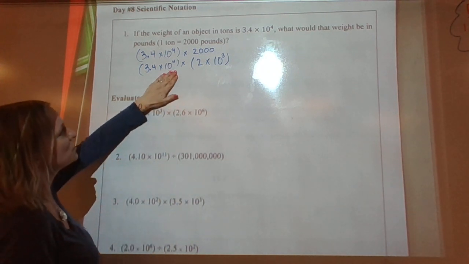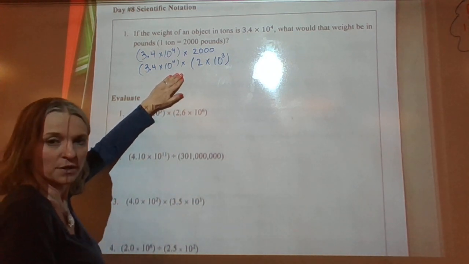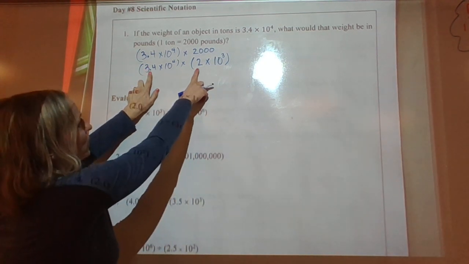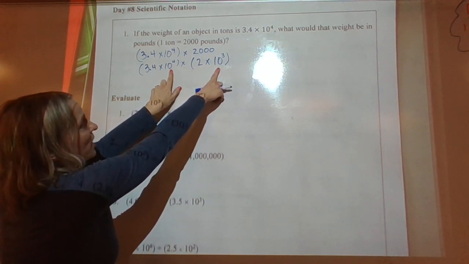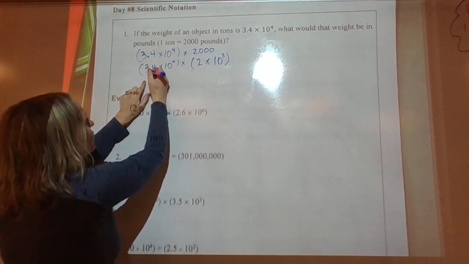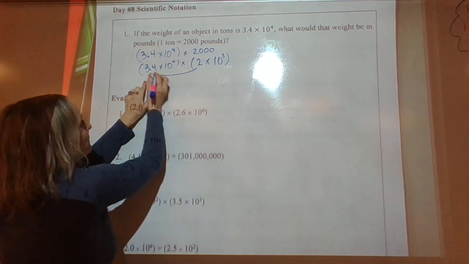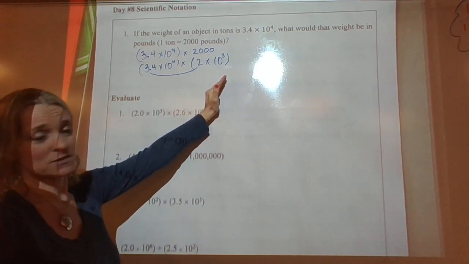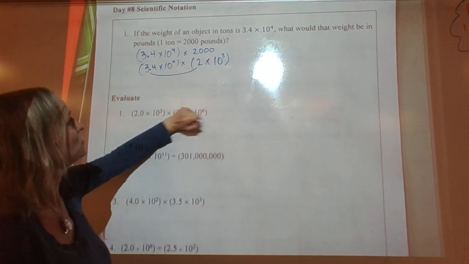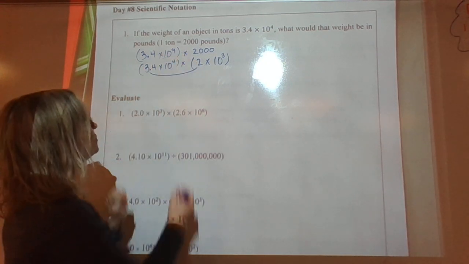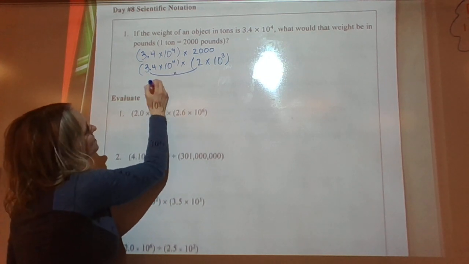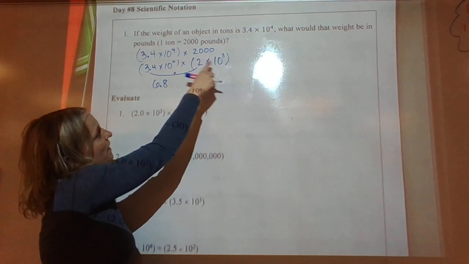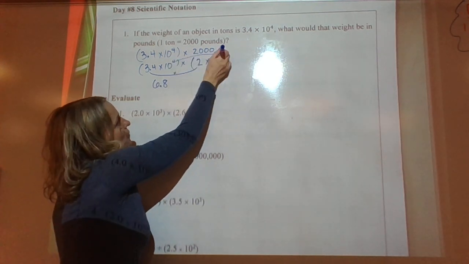All right, so when I do this, just like I did yesterday when we were dividing numbers, this time we're multiplying them. We're going to look at the regular old numbers, and we're going to look at our exponents, okay? So when I look at the 3.4 and the 2, those are just plain old numbers. I can multiply things in any order, right? So I'm just going to multiply those two numbers. 3.4 times 2 just makes 6.8. Then for my exponents, I have a rule that we learned with exponents.